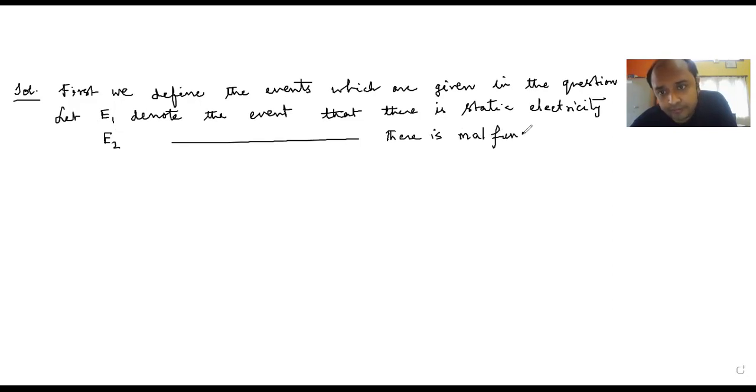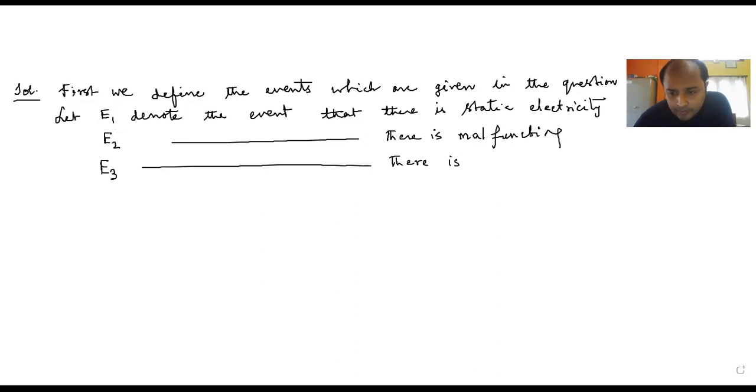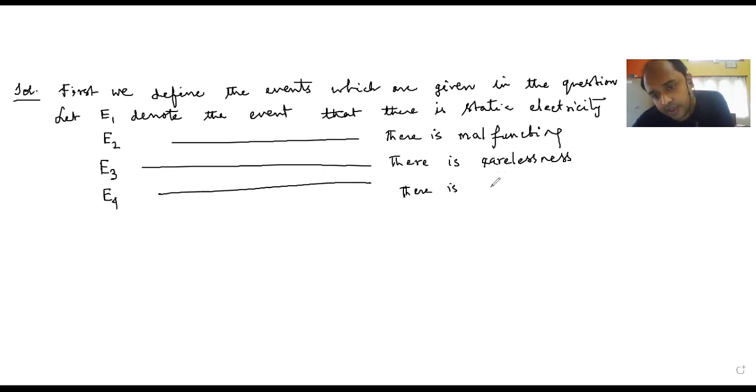E3 denote the event that there is carelessness, and E4 denote the event that there is sabotage.